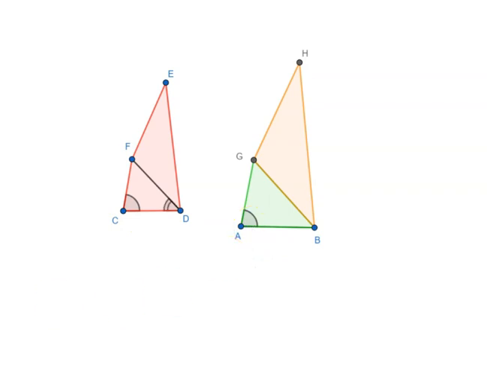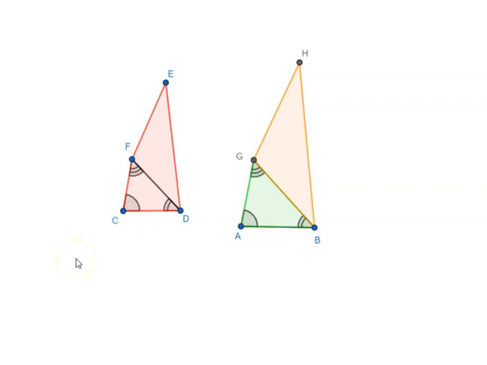Angle FDC is equal to angle GBA because again we copied this. Now in triangles CFD and GAB, two angles are equal to two angles. That means the third angle is also equal.